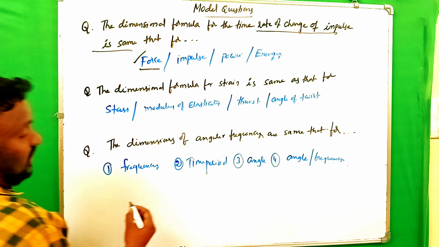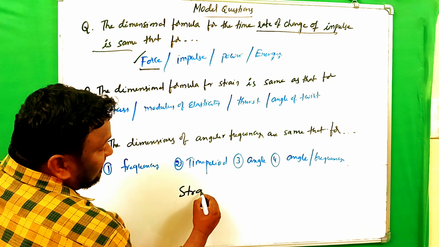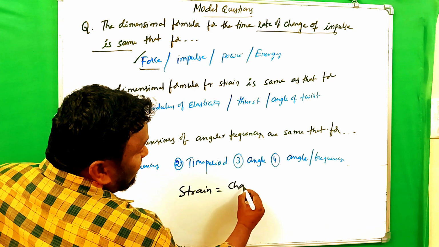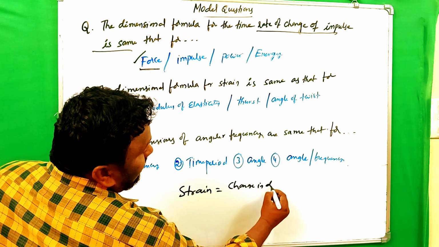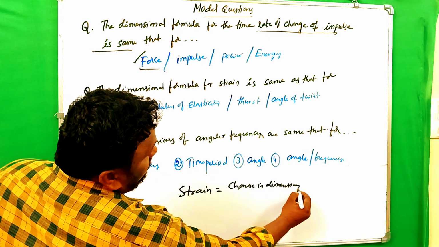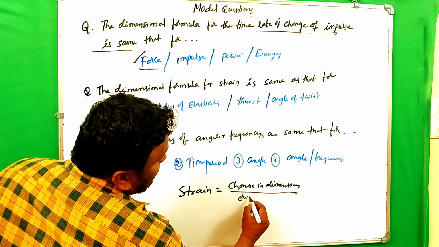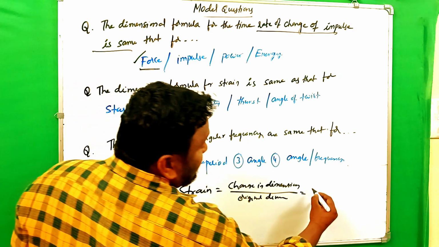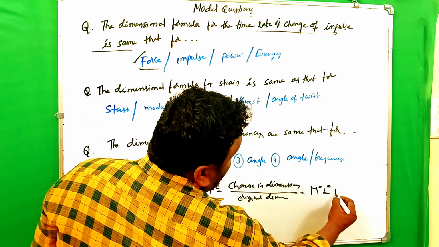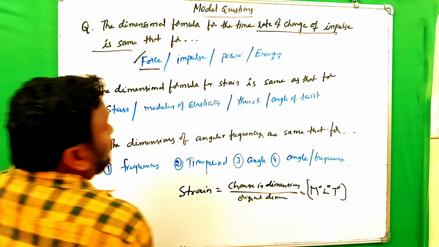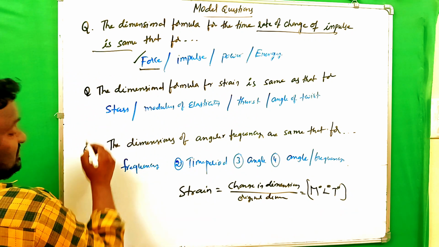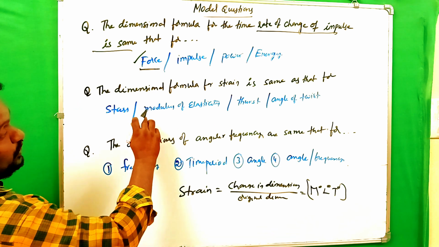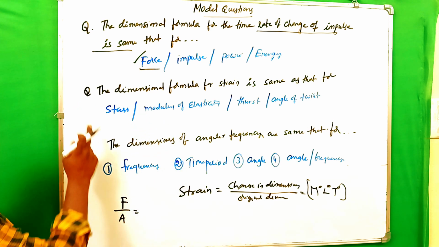Already we know that strain is a dimensionless quantity because it is change in dimension per original dimension. M to the power of 0, L to the power of 0, T to the power of 0. Now stress is force per area, and modulus of rigidity also has the same dimension formula as stress.